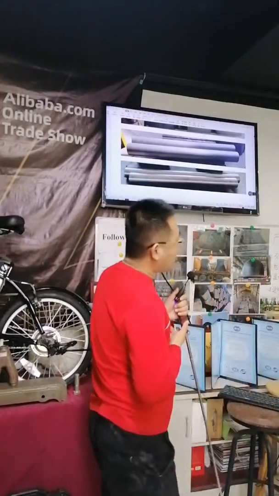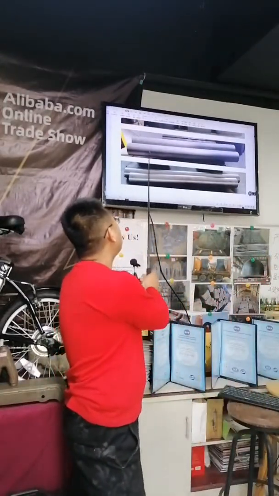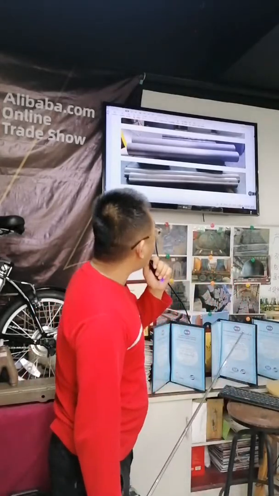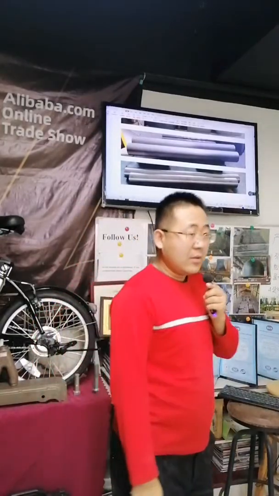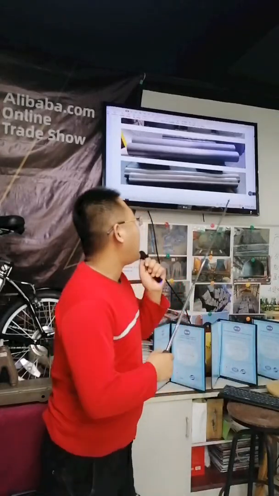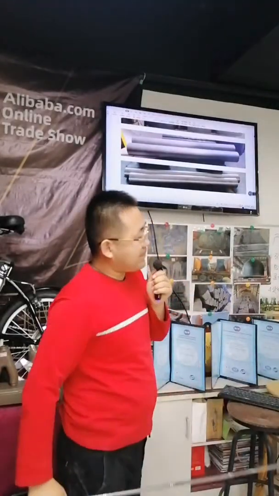And like this also is our centrifugal pipe. This pipe we use the material is SS 2205, and we don't do machine. And another is our material 1.4848. And this we do machine, on this side.